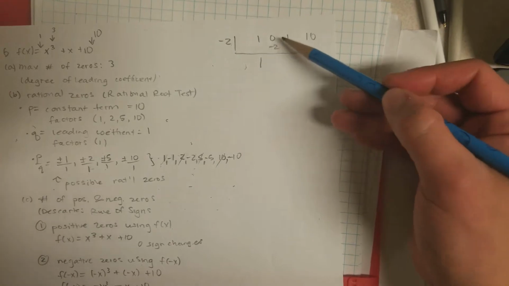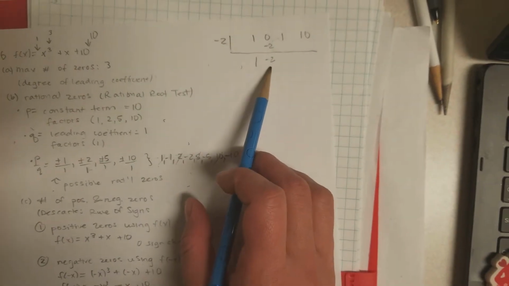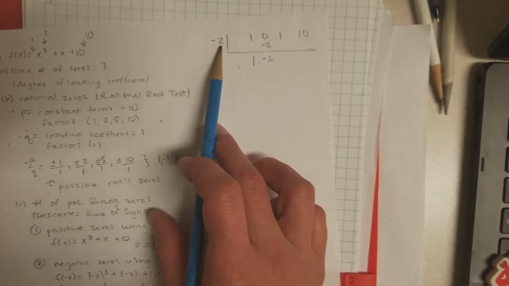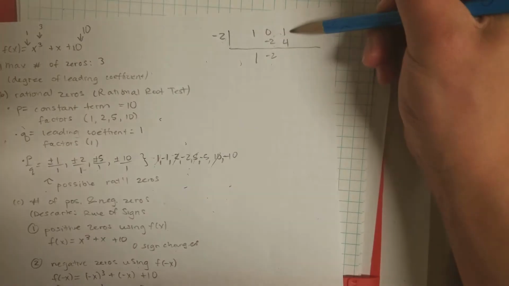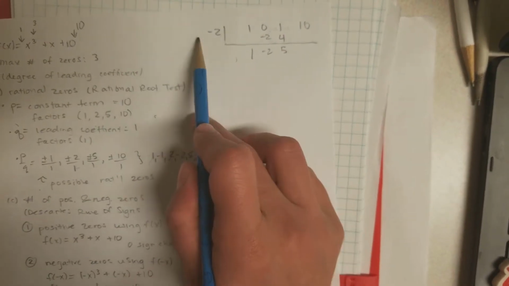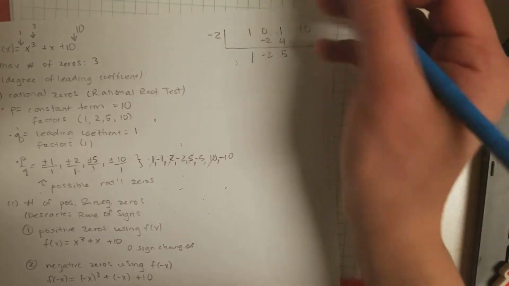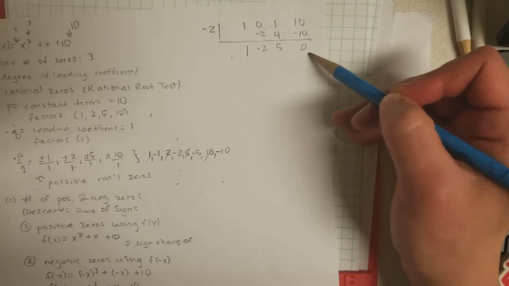And 0 and negative 2 is negative 2. Negative 2 times negative 2 is positive 4. 1 and 4 is 5. 5 times negative 2 is negative 10. 10 minus 10, 0. This is a root.